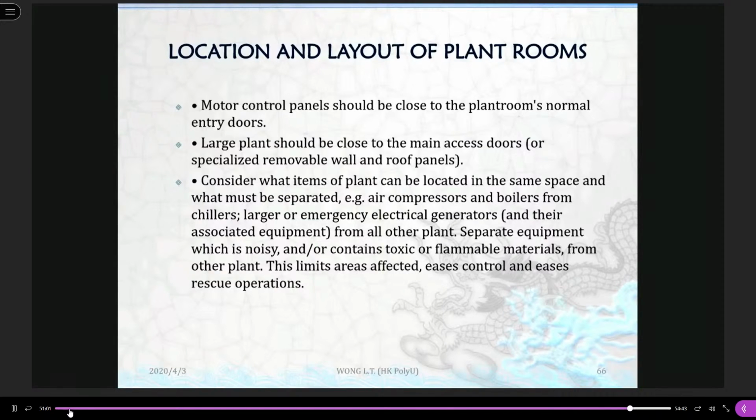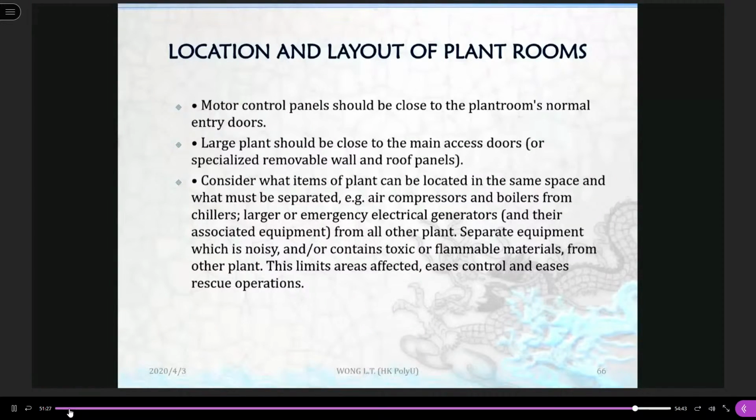A large plant room should be close to the main access door, because a large plant room means frequent access. Or specialized removable walls and wall panels. If the plant is even too large, we may think about a removable partition within the building, so we need to make this allowance in close coordination with the architect.